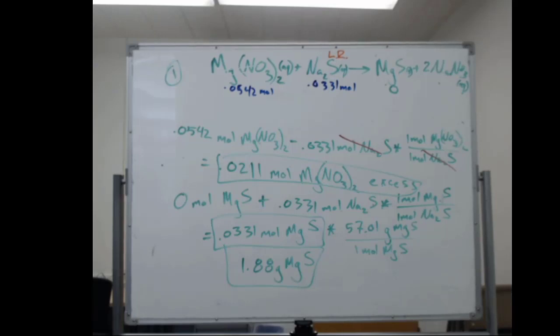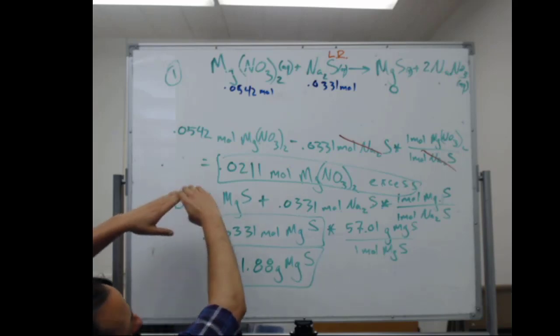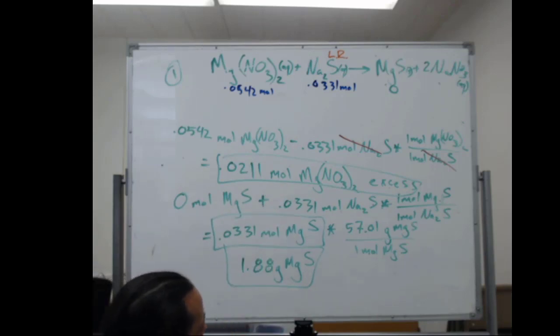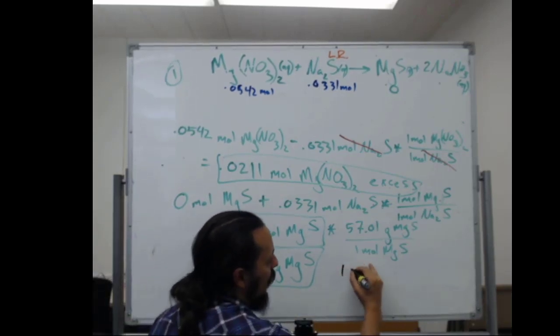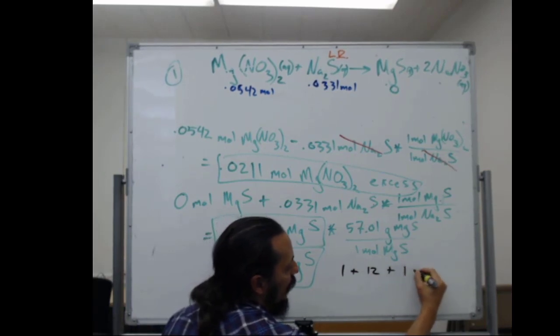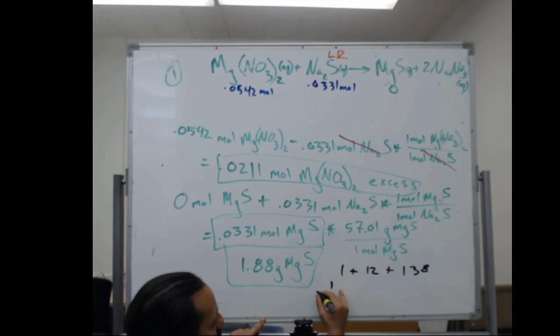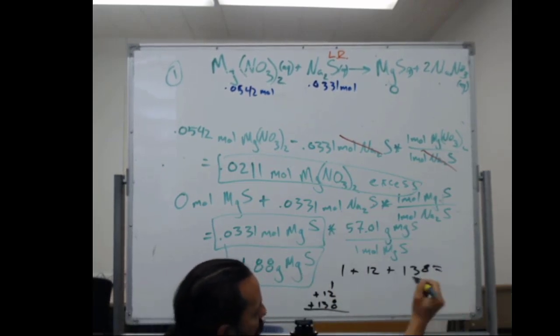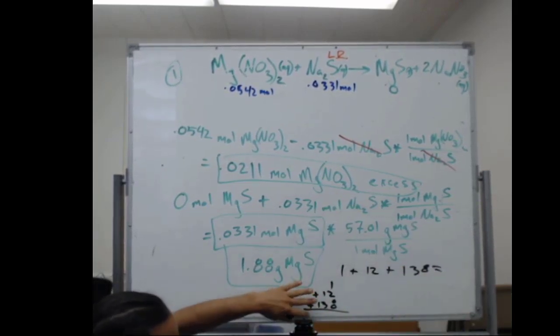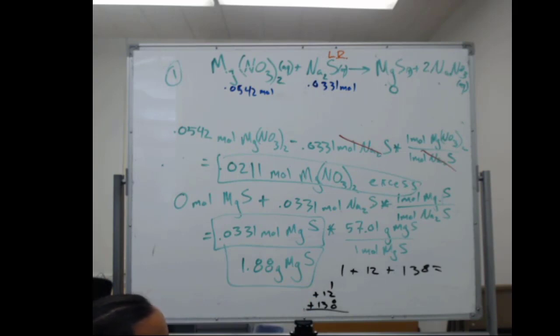I just decided I'm going to quickly show you the way I like to organize my math. As you know, you can do mathematics like 1 plus 12 plus 138 across, and you can do math this way and equals, or you can do math in a column. And the benefit of doing the column math is you start to line things up in a favorable way.